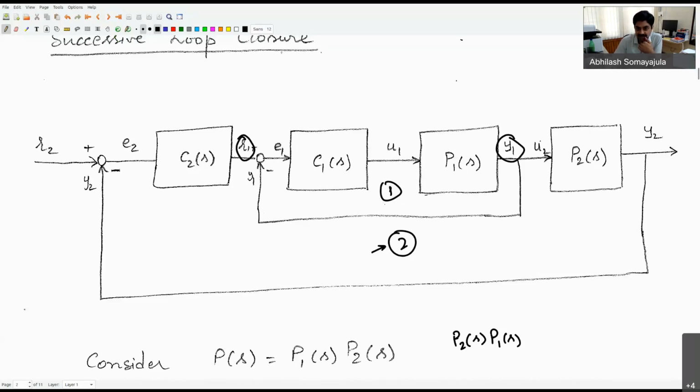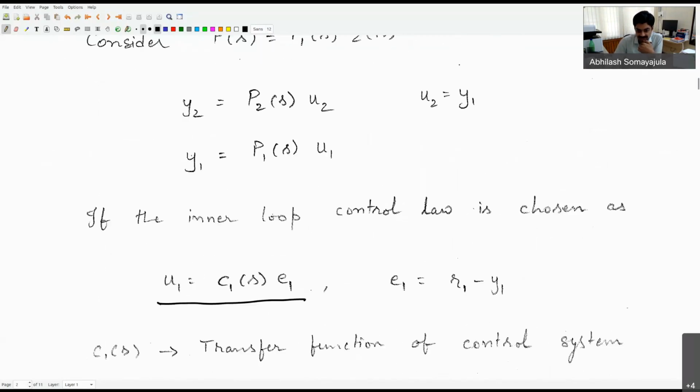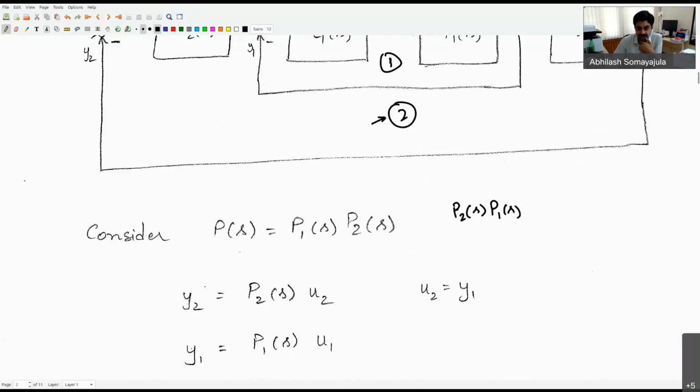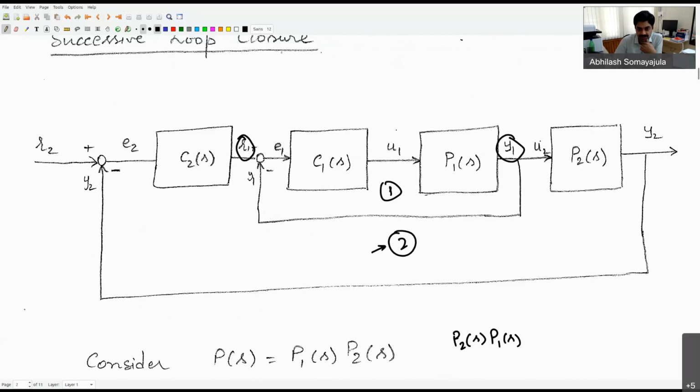So I take the difference between R1 and Y1, which is my E1, feed that through my controller to get the output, which will be U1. And that U1 is now applied to the plant P1 so that Y1 keeps tracking R1. Everybody with me so far on that?